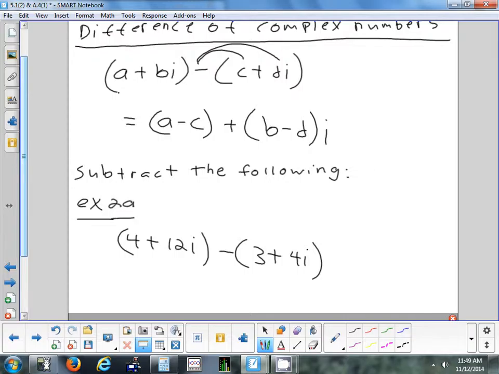Okay, so first subtraction, 4 plus 12i, take away 3 plus 4i. Okay, Sean, when you do that out, what would be the real part of my answer?